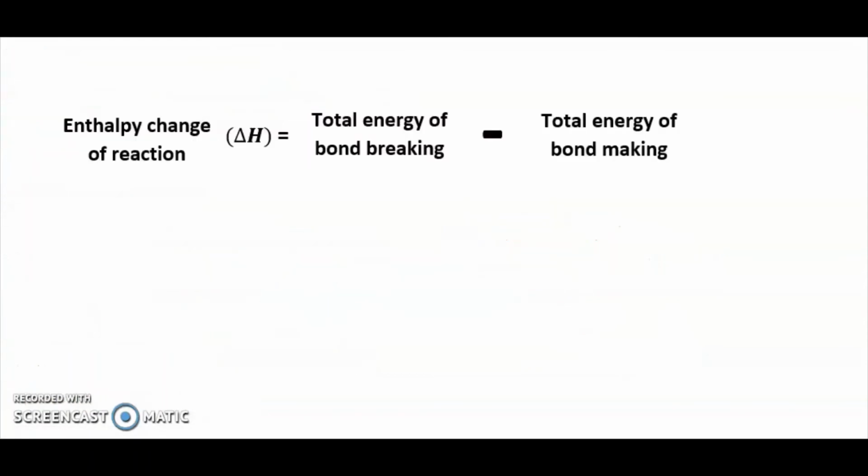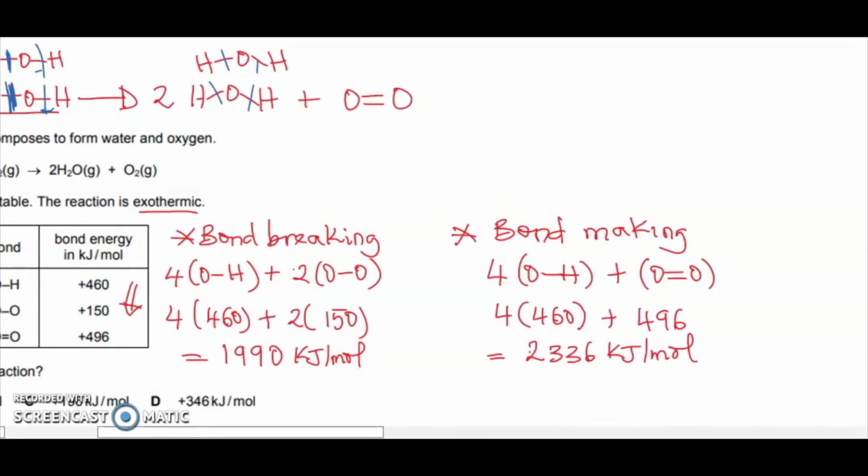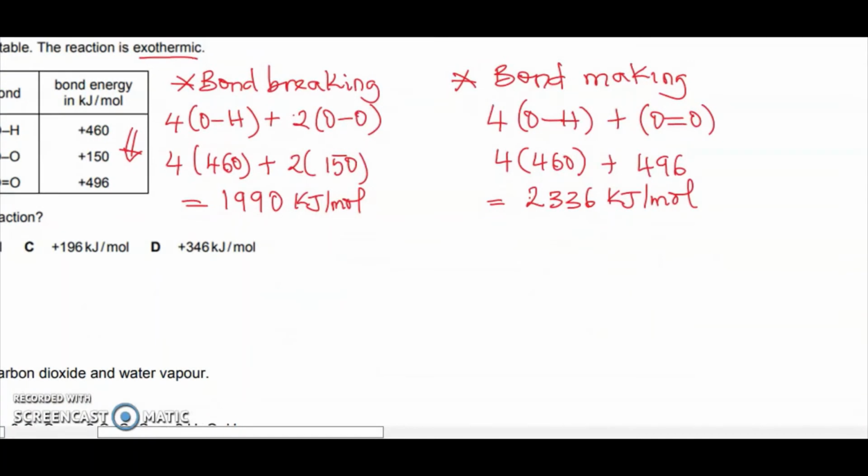Now we come to our formula. Remember the formula we have: enthalpy change of reaction delta H is equal to the total energy for bond breaking minus the total energy for bond making. So here we simply have to insert the values we've calculated. So our delta H, therefore, which is the enthalpy of reaction in this case, we have 1990 minus 2336.